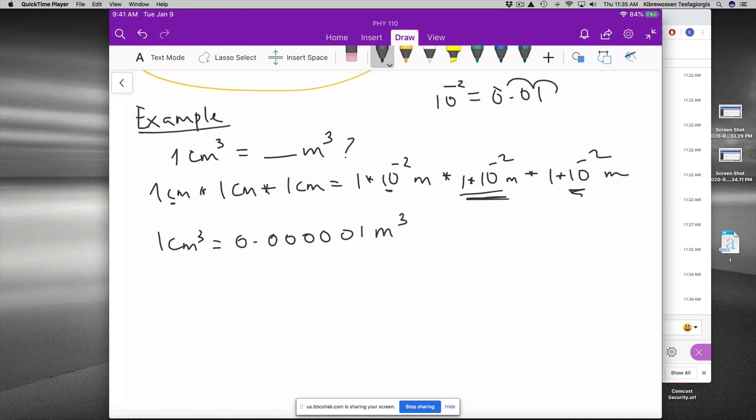In other words, in terms of power, as we said, if we move forward, it's a positive power. If we move backward, it's a negative power. So therefore, negative 6 in this particular case, then 10 to the power of negative 6 meter cubed. Okay.